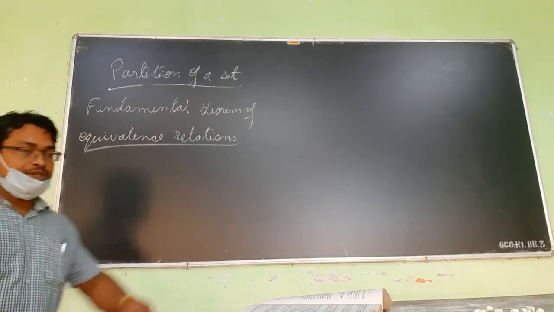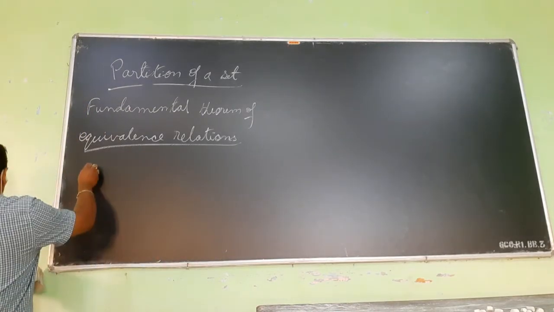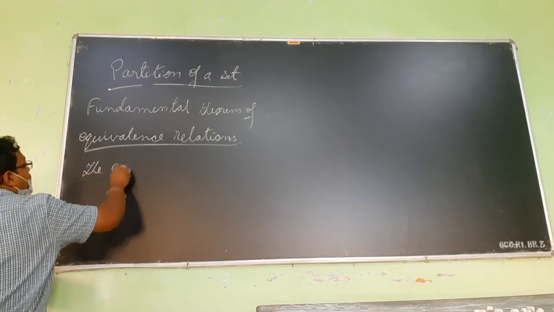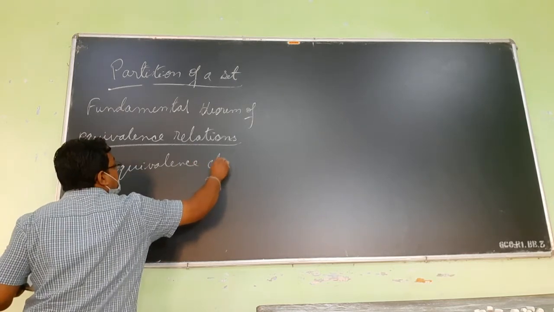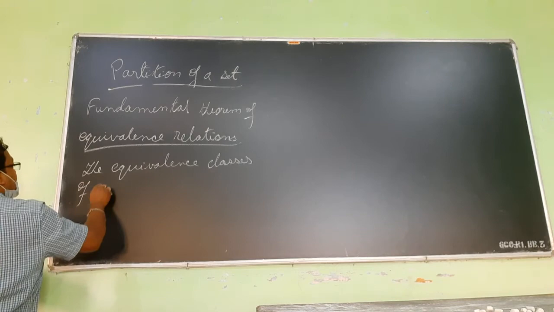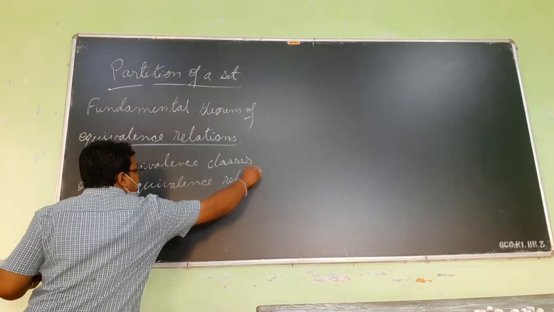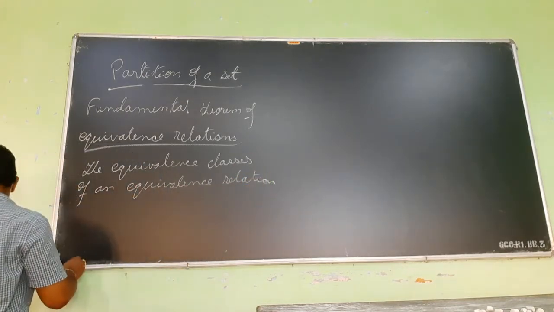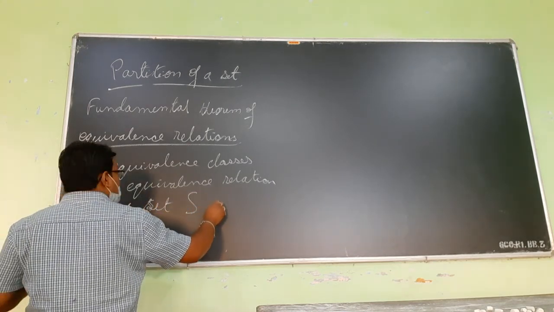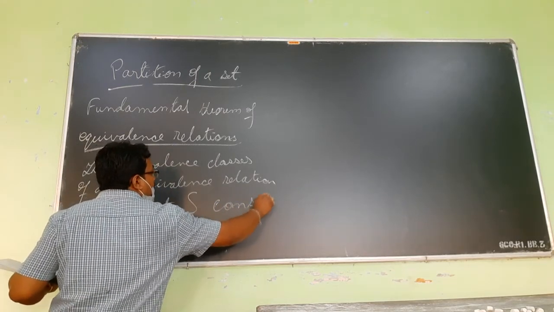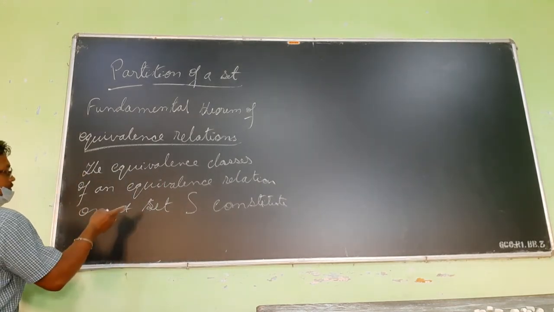So what is that? Let me state it from this book. The equivalence classes of an equivalence relation on a set S constitute a partition of S. Okay, so if you take all equivalence classes, then you will get a partition of the set S. Okay.